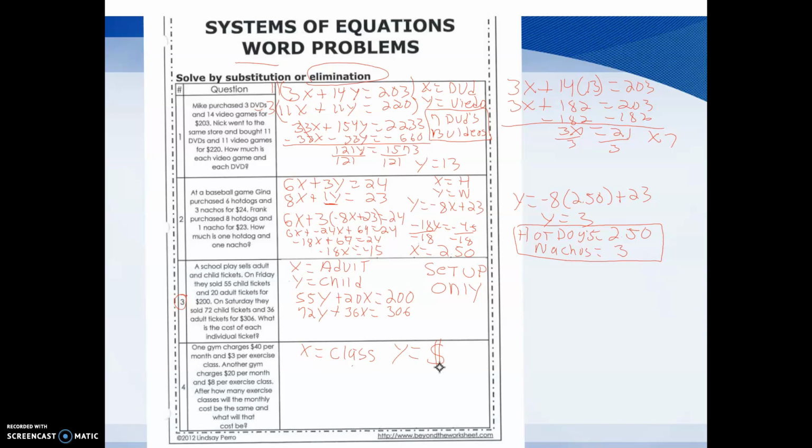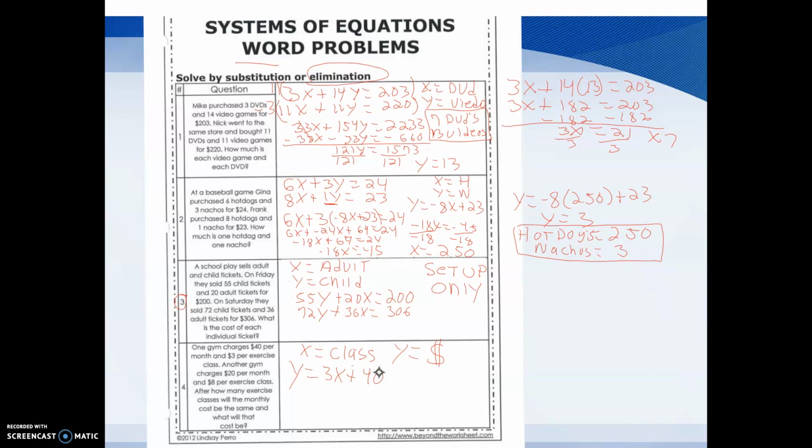So let's say that one gym, and I'm going to set this up in a familiar form. It's called slope-intercept form. So you got the one gym, right? And you're paying $3 per exercise class, so we don't know the class. Plus, you pay $40 a month off the bat, right?